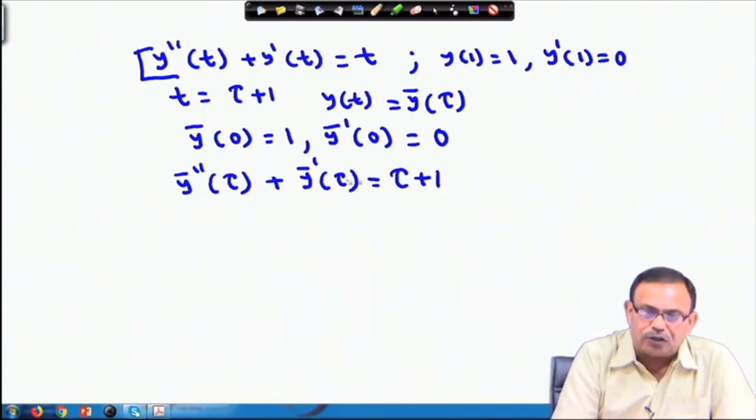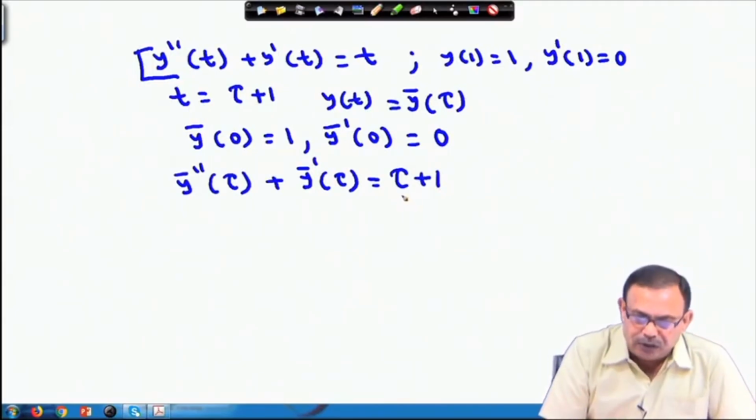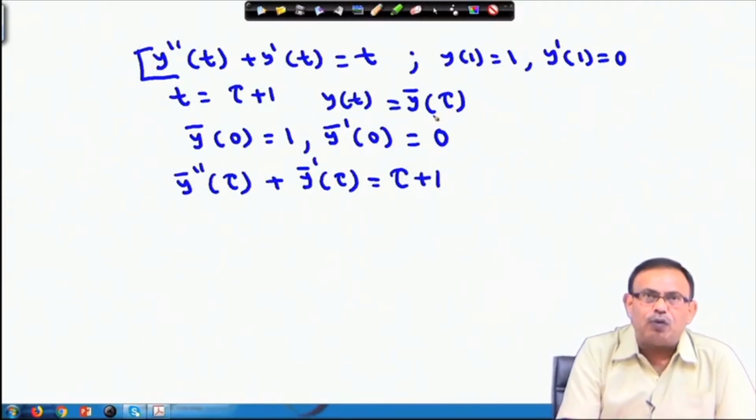If I can find the solution of this, then by back substitution I can obtain y(t) from y bar(tau).